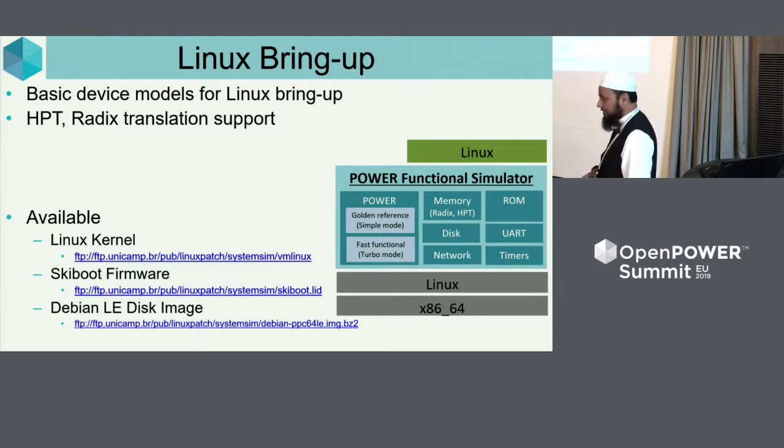Also, HPT and Radix translation support is provided as part of the simulator, so the OS can be built for the Radix mode as well as for the HPT mode. We also have available the Linux kernel, the Skiboot, and a Debian disk image. These are already provided to the users so that they can download and start using them on this simulator.